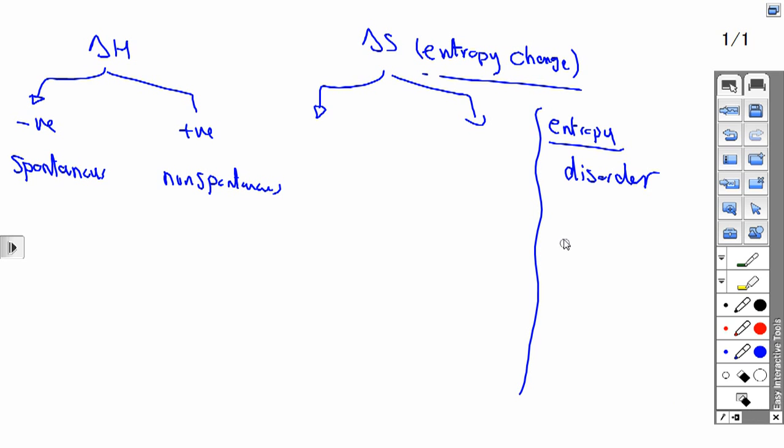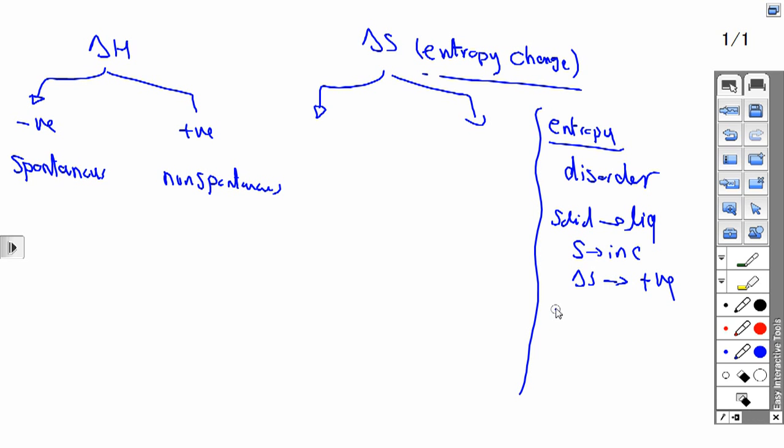If we change a substance, for example, from solid to liquid, its entropy increases, S increases, and delta S, the change in entropy, is the entropy of the product minus the reactant. If the entropy increases, delta S is positive, right?